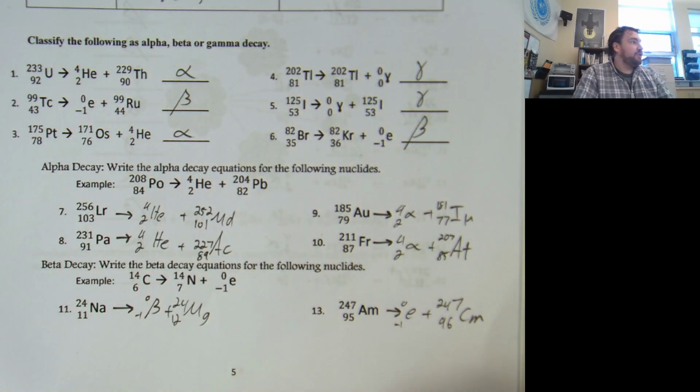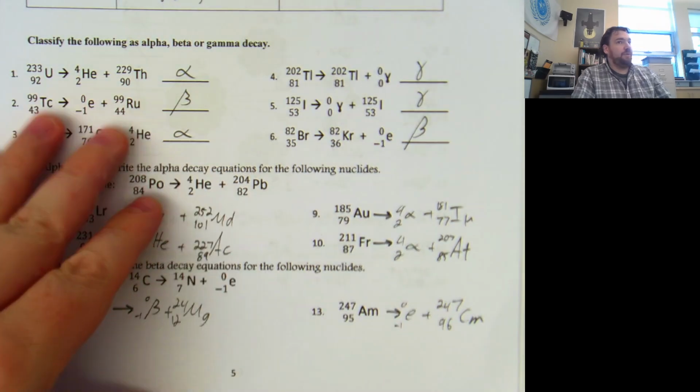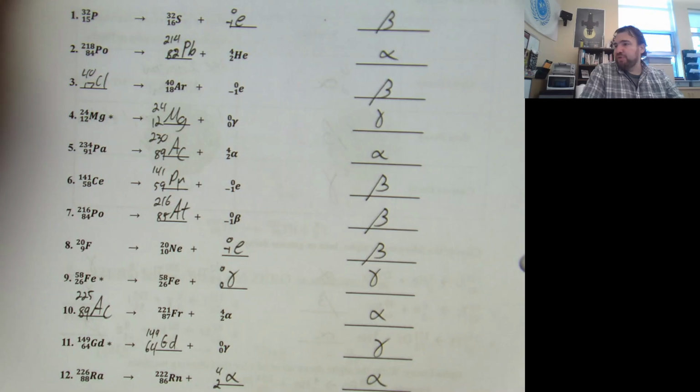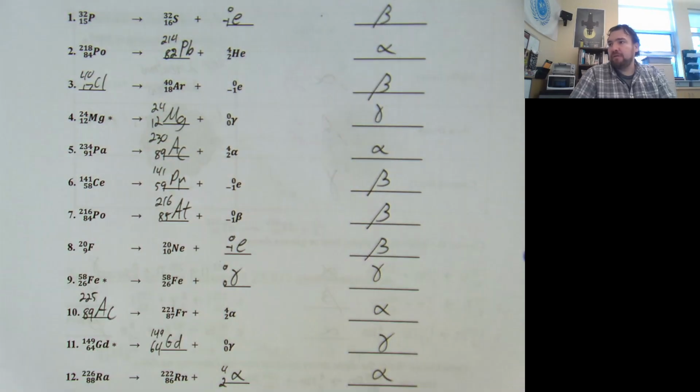Going once, twice, thrice. Okay, cool. Here are numbers 1 through 12. Take a look. Comments, questions, concerns.